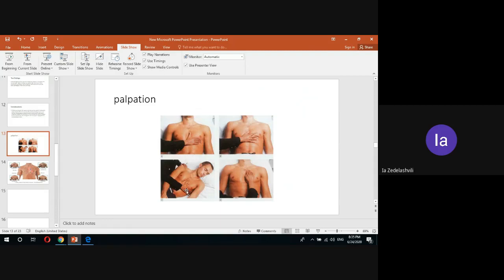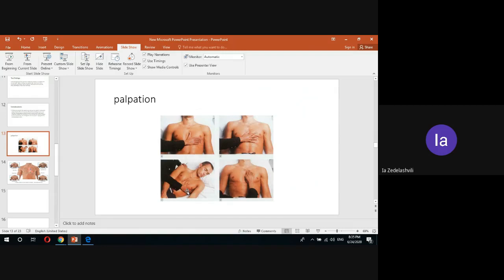So where is the best point to find it by palpation? Here in these pictures, A, B, and C. You can put the hand below the nipple of the breast, the full hand.